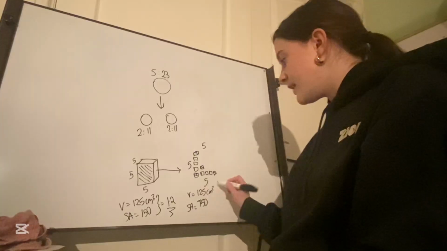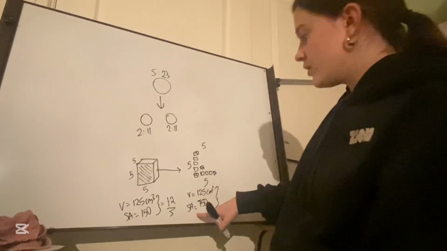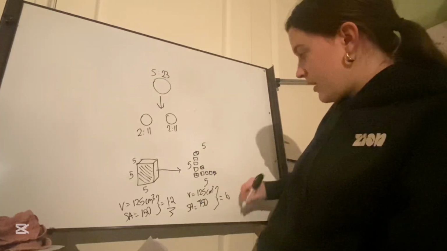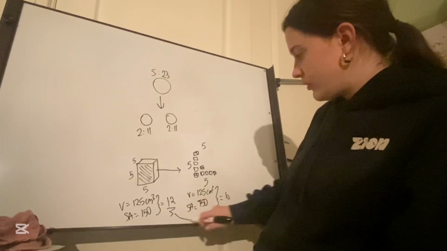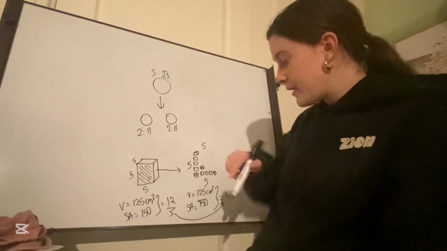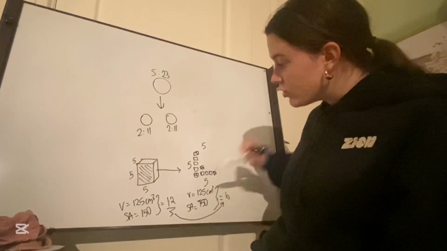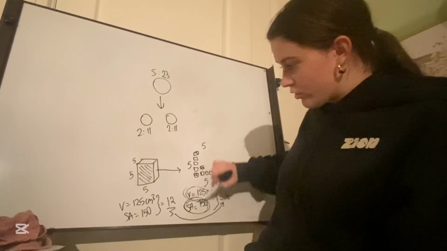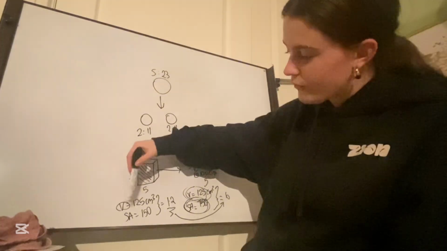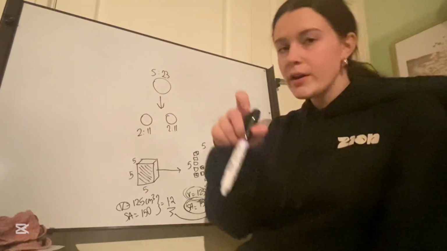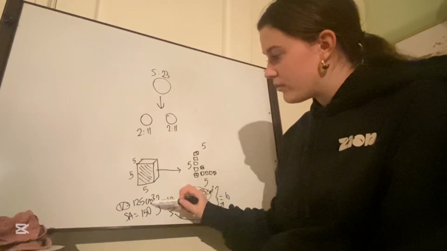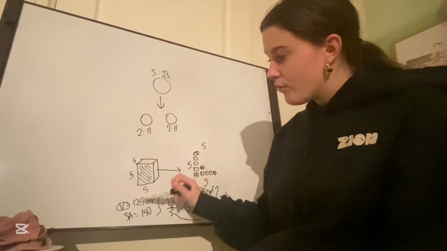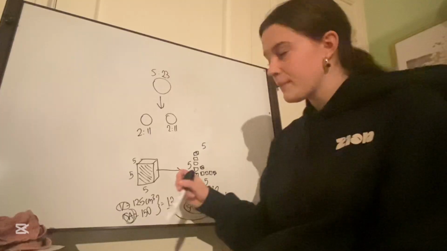That means that the surface area to volume ratio is way higher, and it's equal to 6. Which again, if we look, is a lot higher. This is because there are a lot more surface areas for every volume, if that makes sense. For every 1 volume there's 1.2 times that of surface area.